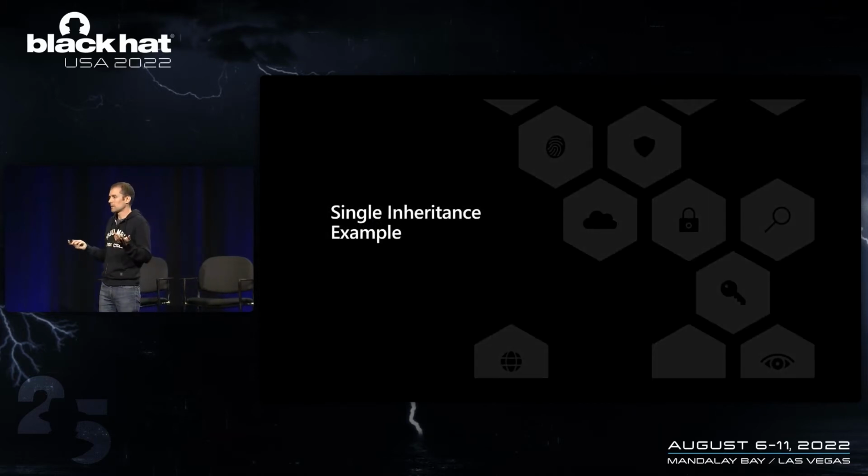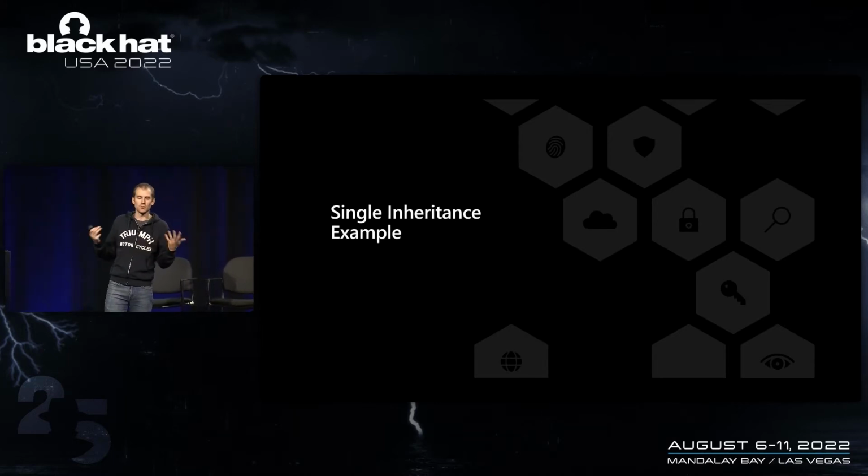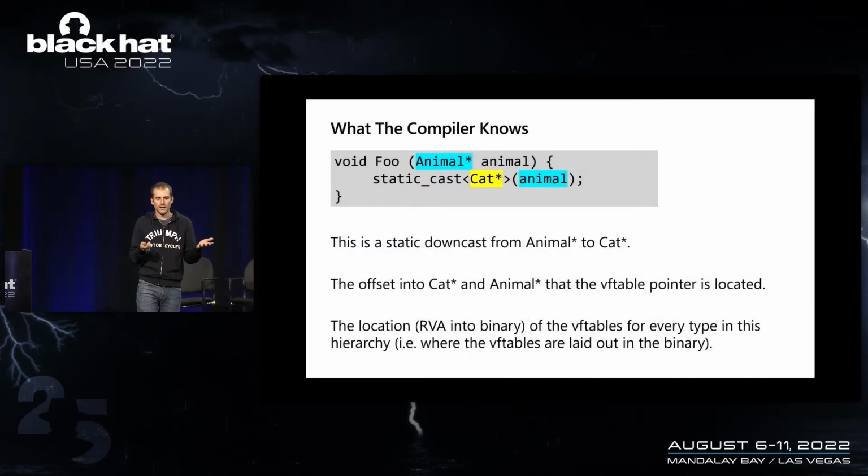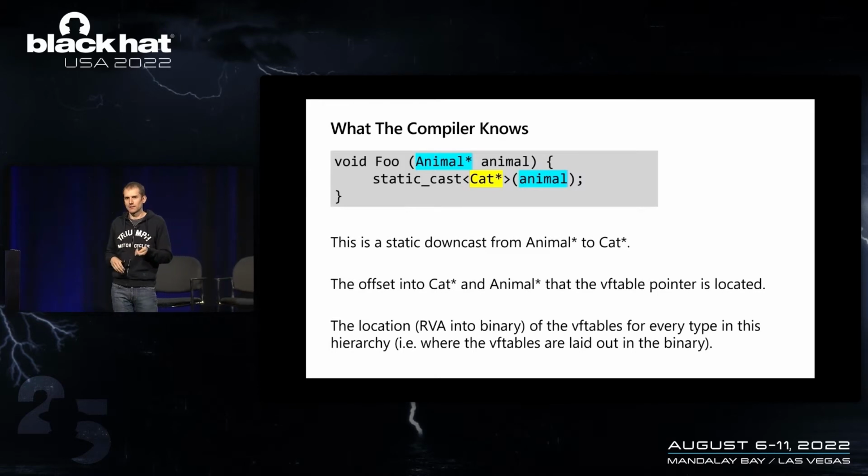All right, so let's talk about how CastGuard works. And the best way to explain how CastGuard works, I think, is just to look at examples of what we actually do. So what does the compiler know? If you look at a piece of code like this, the compiler knows that it's a static downcast. And even if you didn't actually use static cast, you just did a C-style cast where you just used parentheses and put the type that you want to cast to, the compiler actually still knows that it's a static downcast.